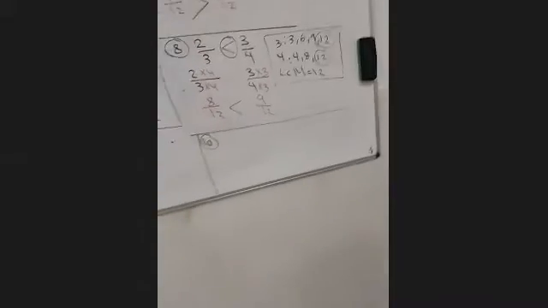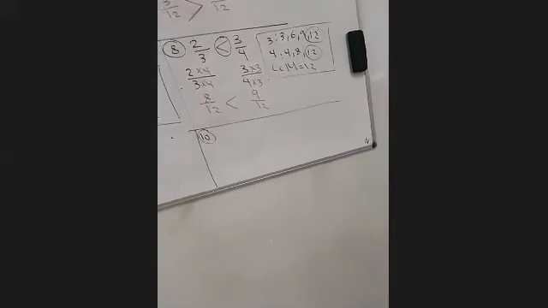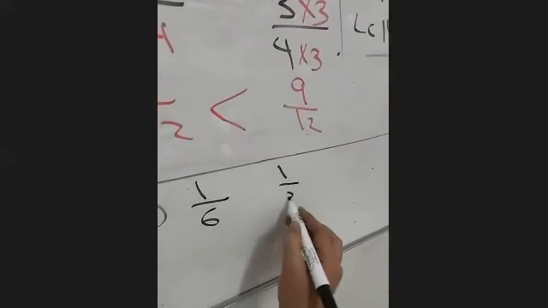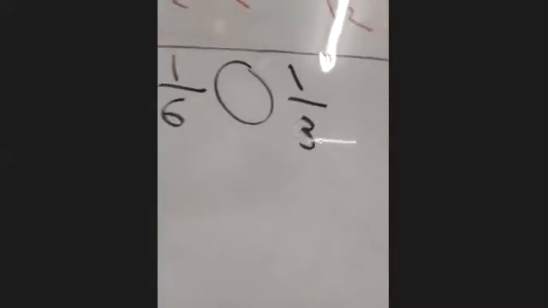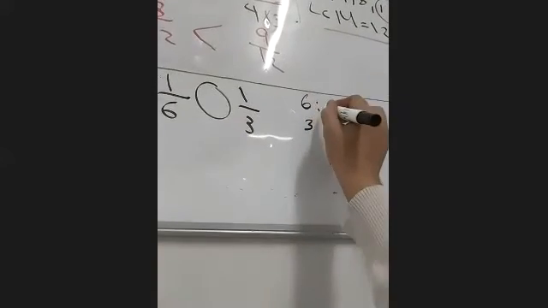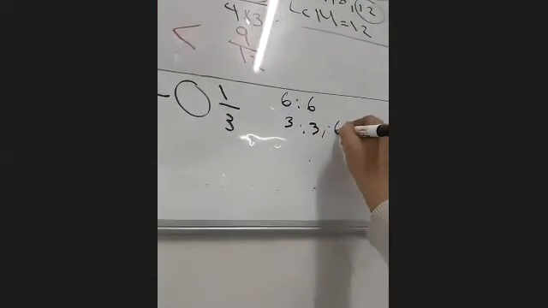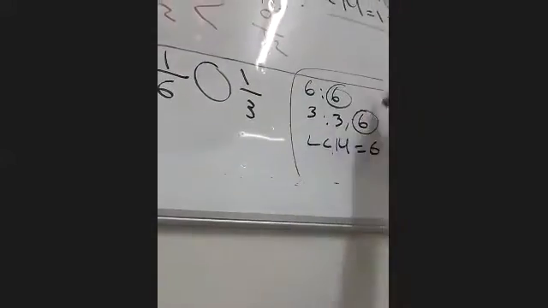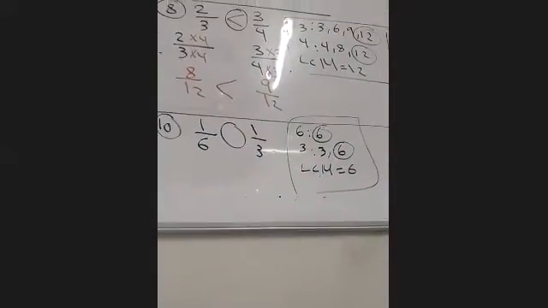Question 10 is 1/6 compared with 1/3. Good. What will we do? We don't have the same denominator, so we will find the LCM of 6 and 3. 6 times 2. Okay, I did it for you. You know how, right?